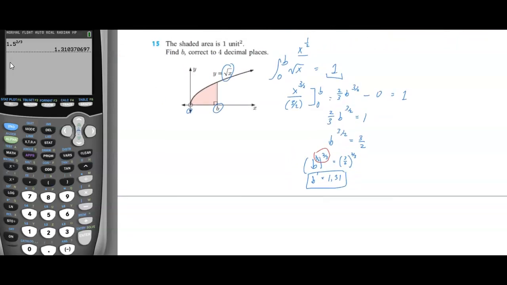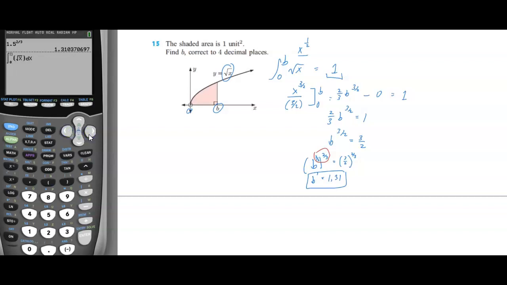I could also do this by guessing, right? I could go to math, and then I could do FNINT, and then I could type in this whole problem. I could put 0, and then I could put square root of x here, and dx, and last of all, I could go up here and I could guess a number to put in here for the upper limit.